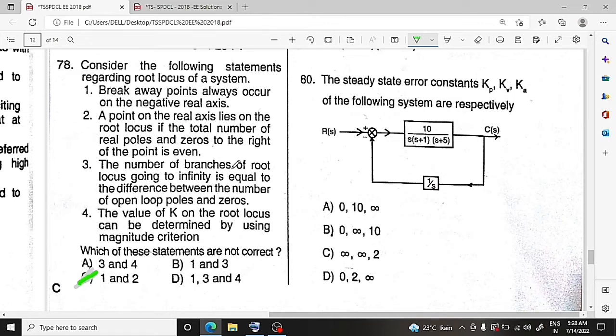The number of branches of the root locus going to infinity is equal to the difference between the number of open loop poles and open loop zeros. The magnitude of p minus z tells you the number of branches going to infinity. The value of k on the root locus can be determined only with the help of magnitude criteria. So in option C, 1 and 2 are the wrong statements.